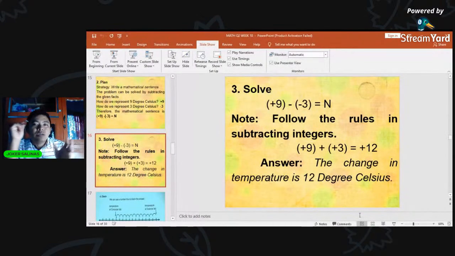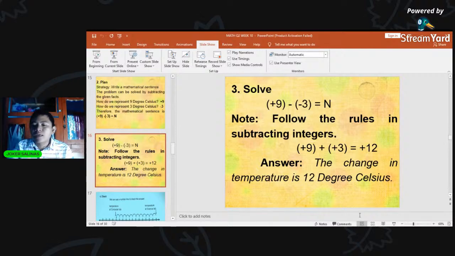So that is positive 9 plus positive 3, and adding them gives positive 12. So the change in temperature is 12 degrees Celsius.